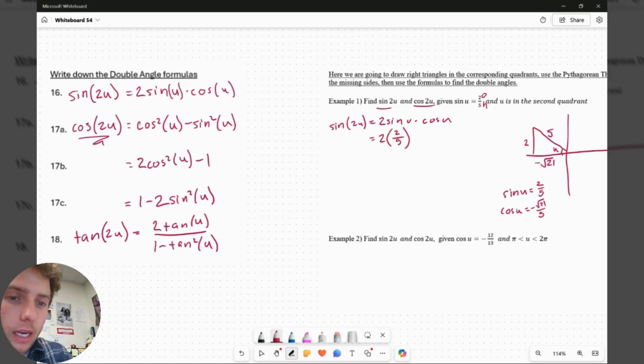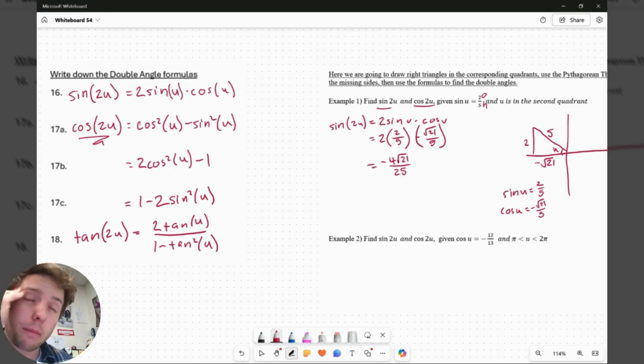I know cosine of u is negative root 21 over 5, and I just need to multiply those two statements together. This 2 times that top 2 is 4. 4 times negative root 21 is negative 4 root 21, all over the denominators of 5 times 5, which is 25.